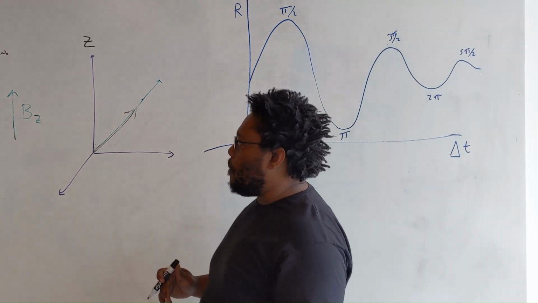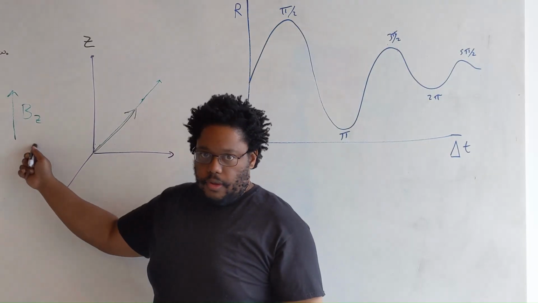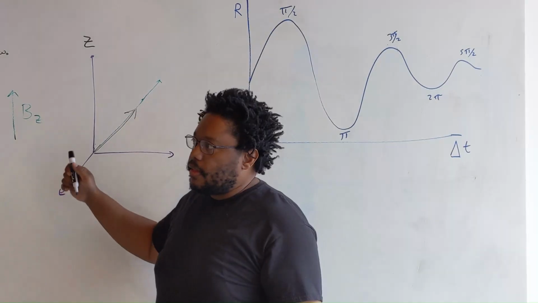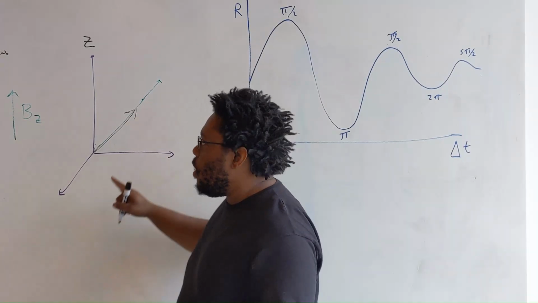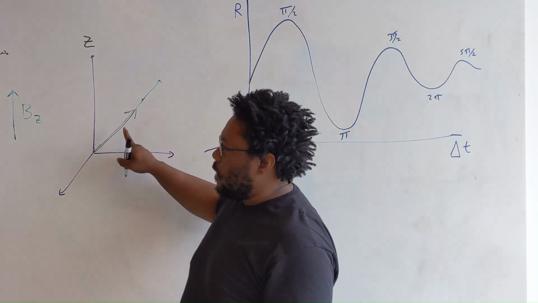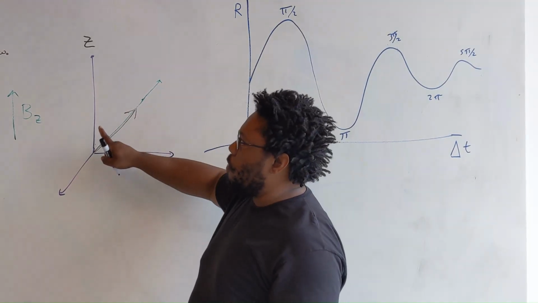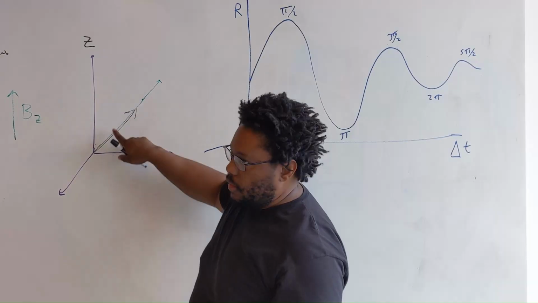And we do that by applying this constant magnetic field over here, this B sub Z. Now that we have this constant magnetic field, our electron is ready with just a little bit of a push to start processing or rotating about the Z-axis.